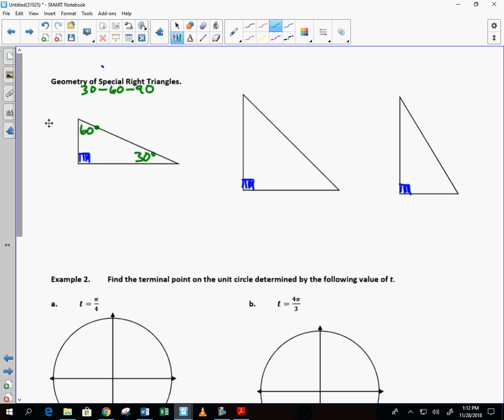There's something special about a 30, 60, 90 triangle, okay? 45, 45, 90. That's another special triangle. And finally, 60, 30, 90, which is the same thing as your 30, 60, 90, just the bigger angle sits at the bottom.